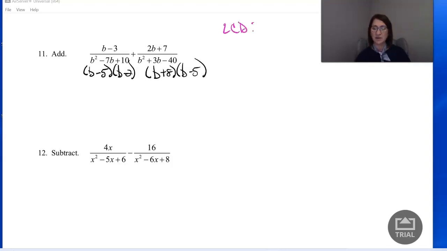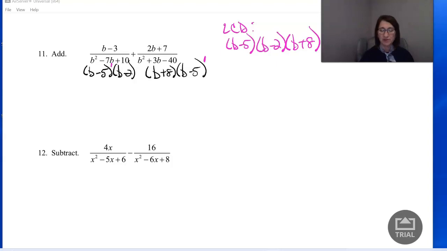Our LCD is going to be, we'll start over to the left, b minus 5. Our highest exponent on either one of those is 1, so we just take 1. Then I've got the b minus 2, and then the b plus 8. So let's rewrite this first rational expression.